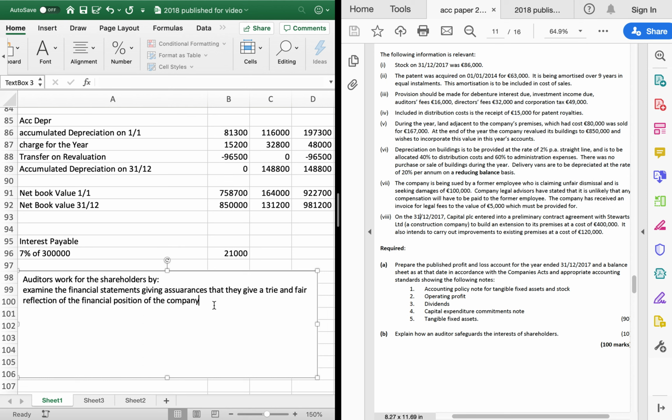What else do they do? They sign off that the accounts have been prepared in accordance with the Companies Acts, so basically in accordance with the law and accounting standards.